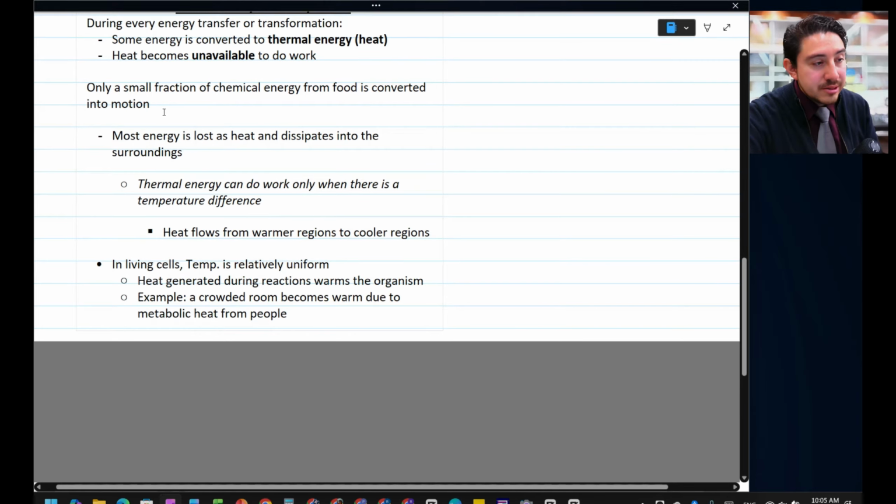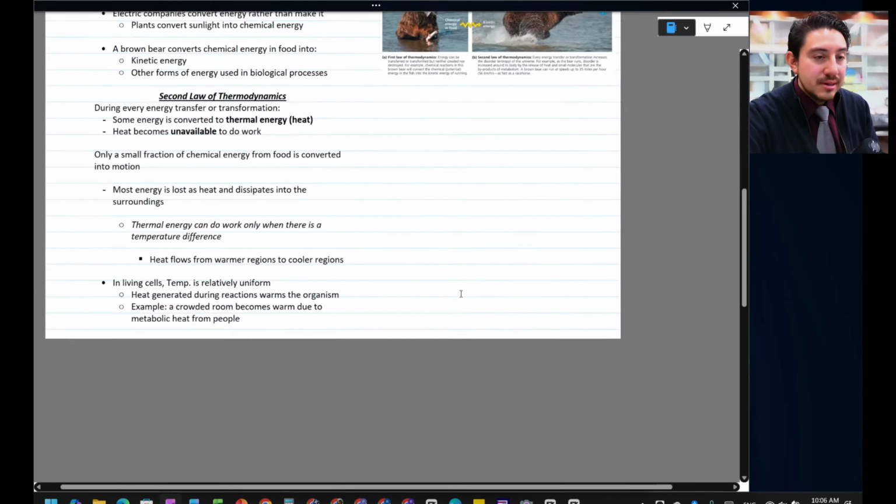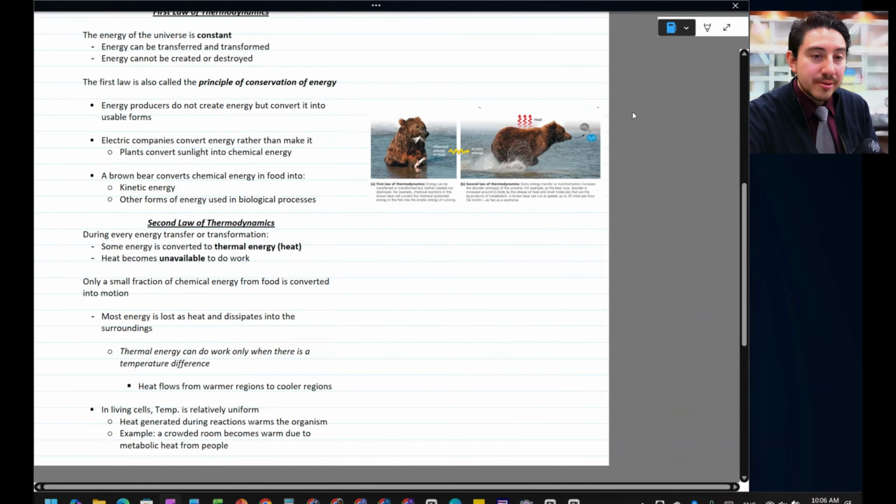In living cells, temperature is relatively uniform because we're generating heat at a pretty constant rate, as the chemical reactions that we're doing help warm the organism. We can feel that heat by its effects. A crowded room becomes warm just because of the heat of the individuals in that room.